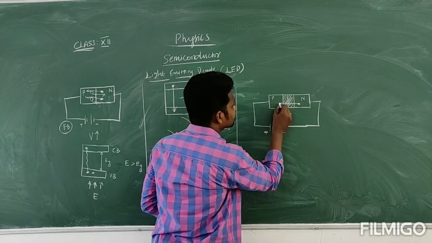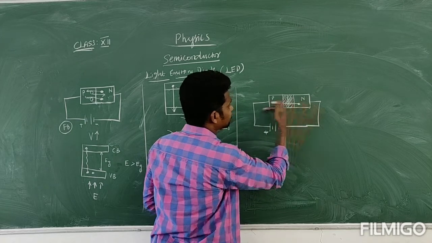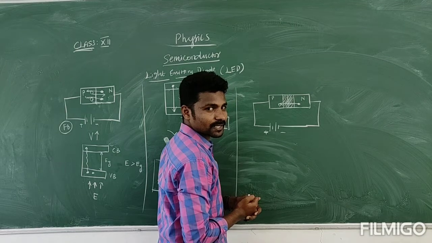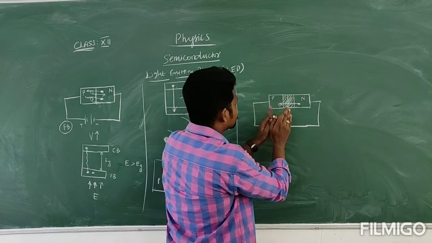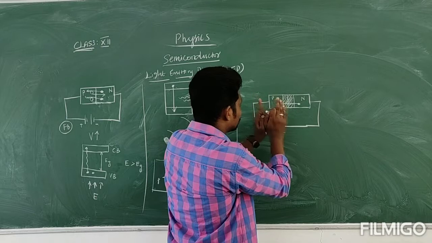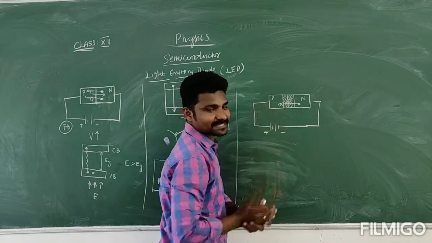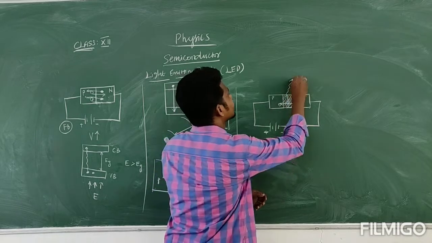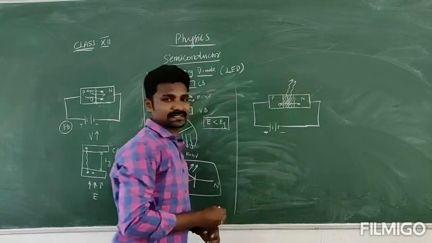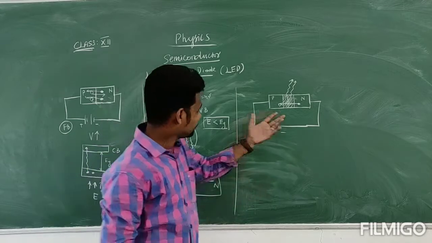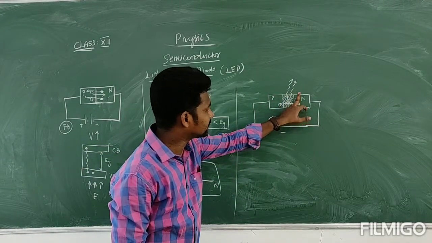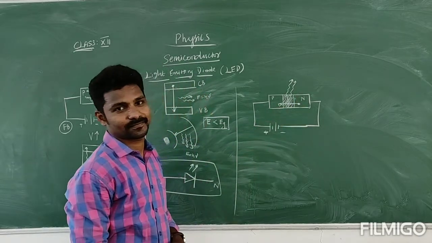In the P region, they will be recombined with the holes. At that time the energy is emitted as radiation in the form of light. Maybe here the holes also recombine with the electrons in the N region.